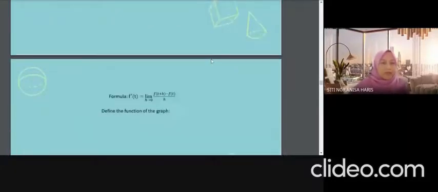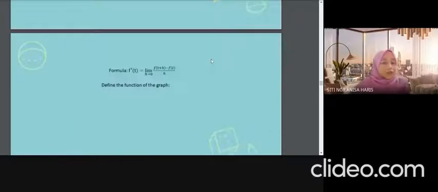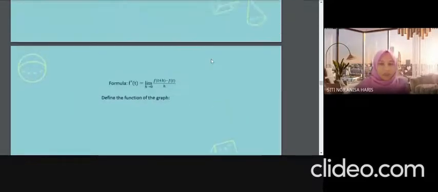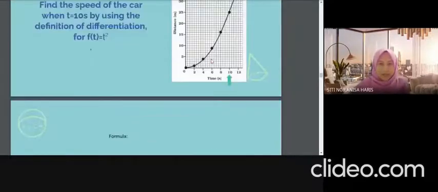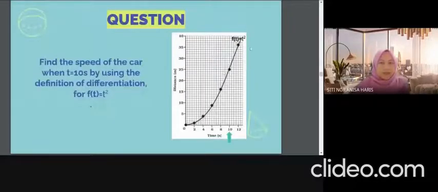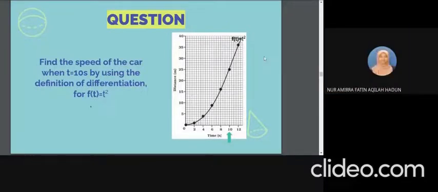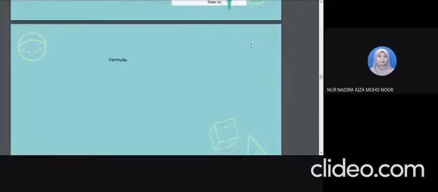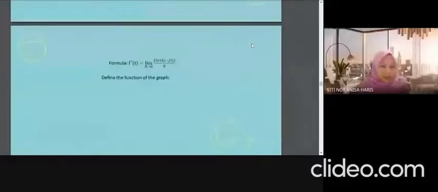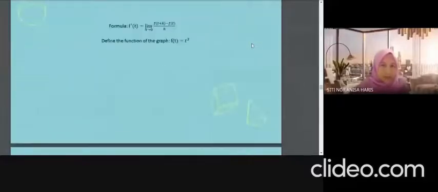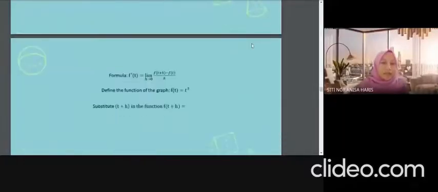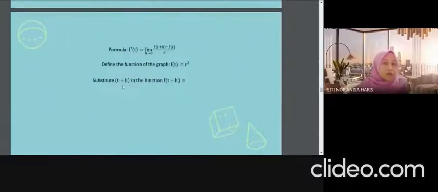Next, we need to define the function of the graph. This is our diagram, right? So what is the function of our graph? t squared. Yes, correct. Our function of the graph is t squared. Next, we need to substitute the value of t plus h into the function.